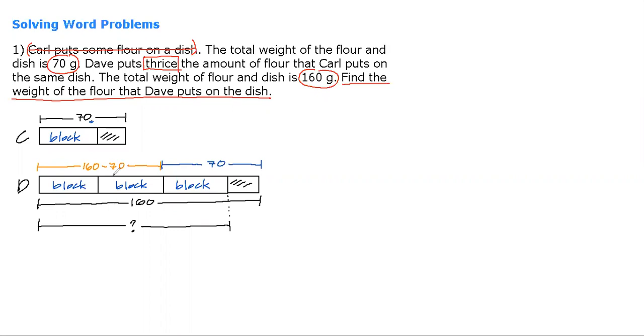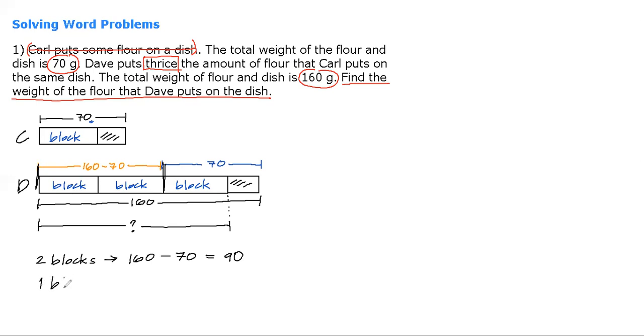Now, what you can see here, there are two blocks. So therefore, two blocks approach 160 minus 70 grams. That will be the weight of the flour for two blocks. So 160 minus 70 is 90. Now, we solve for one block.